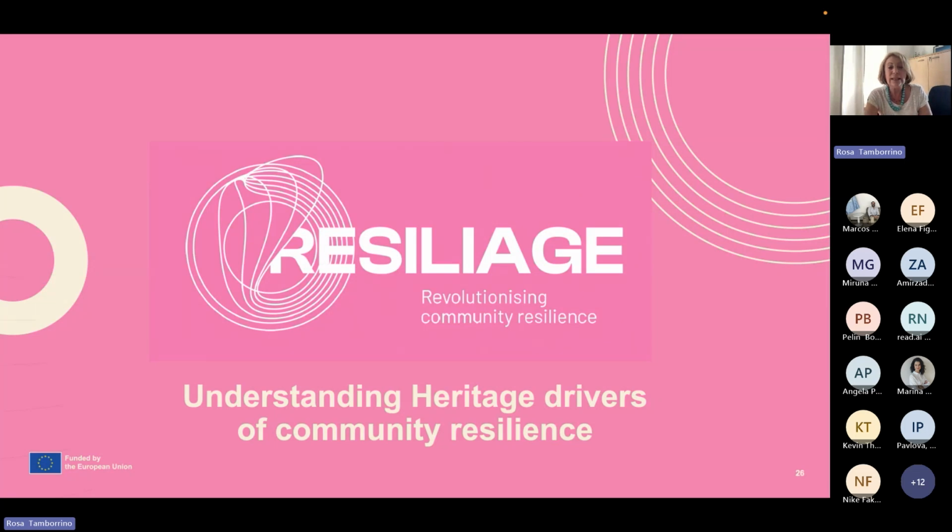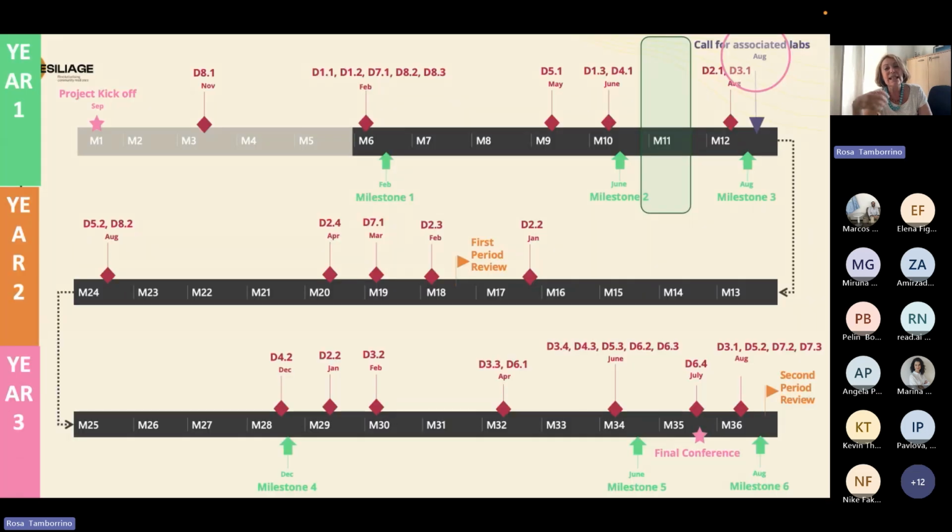And so our revolutionizing community resilience is now maybe more understandable as something that is also related with understanding heritage drivers. So this is our approach to revolutionizing community resilience.